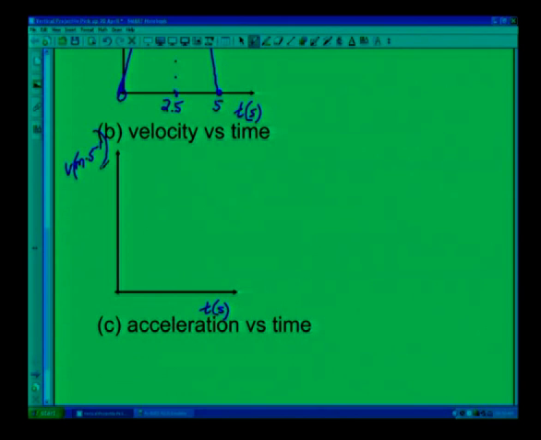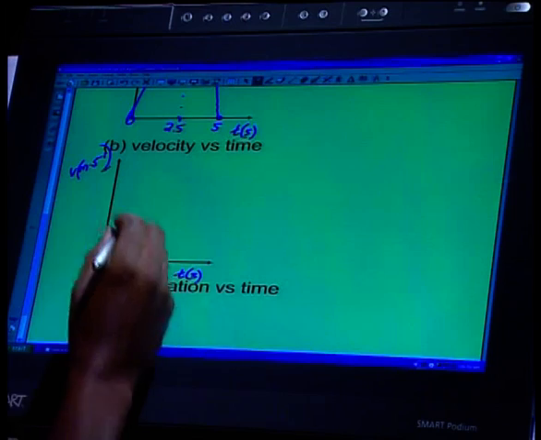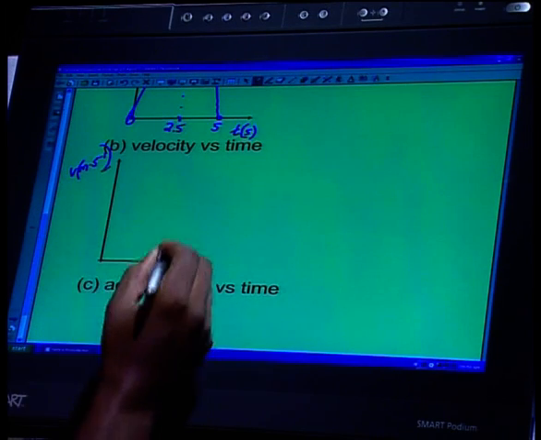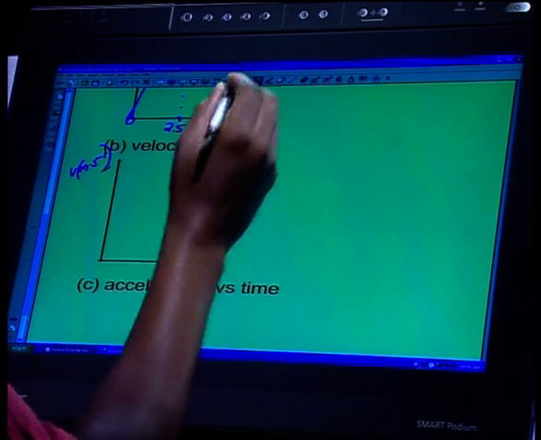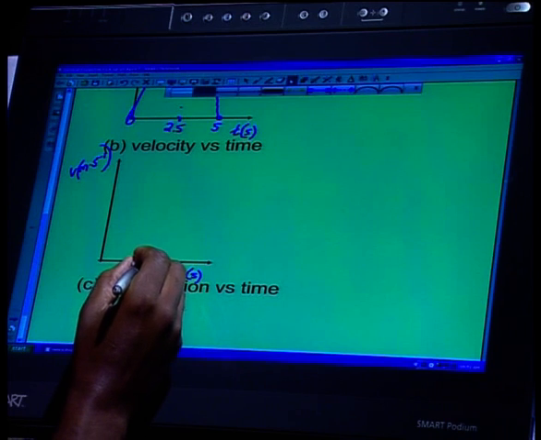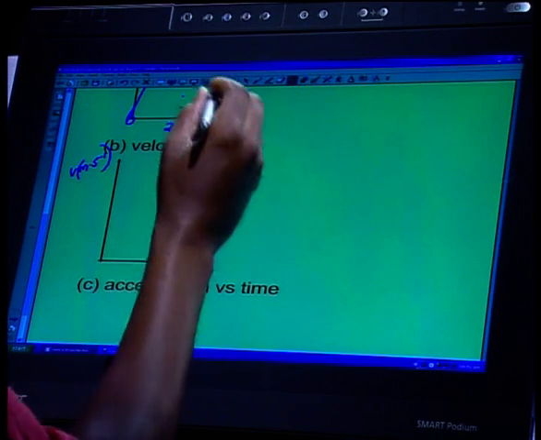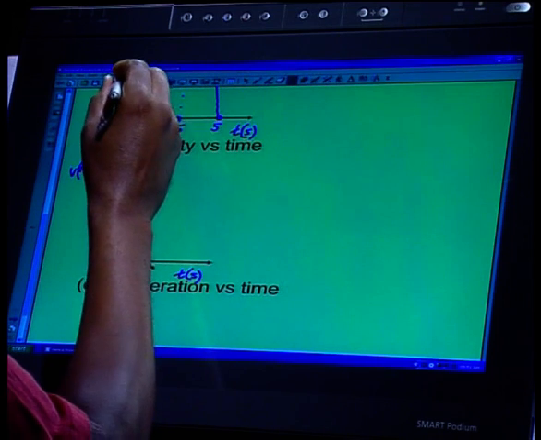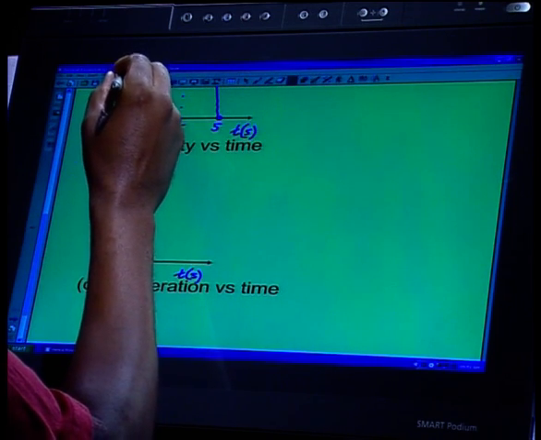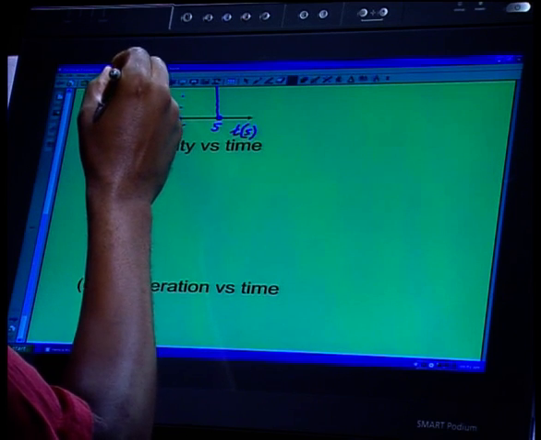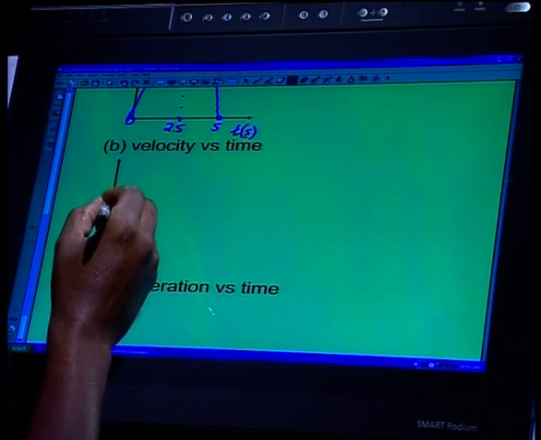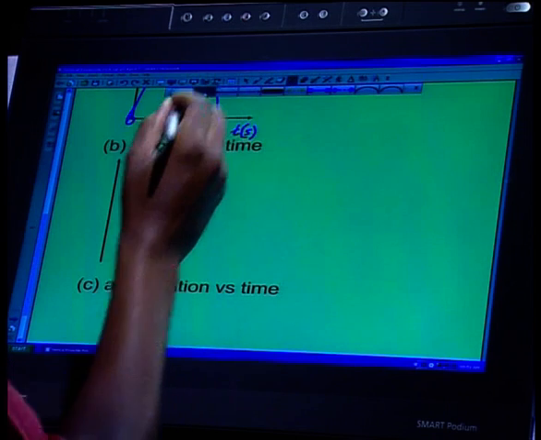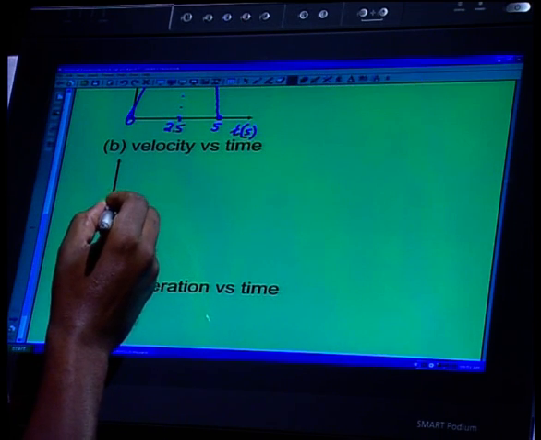Okay, and now there's something that I need to do here. In terms of the space that I have, I may not be able to draw the graph that I have to do. So I need to come back to this line here and change it, because I've got some negative velocity at the end. So I would need to have my line coming from somewhere in the middle here.